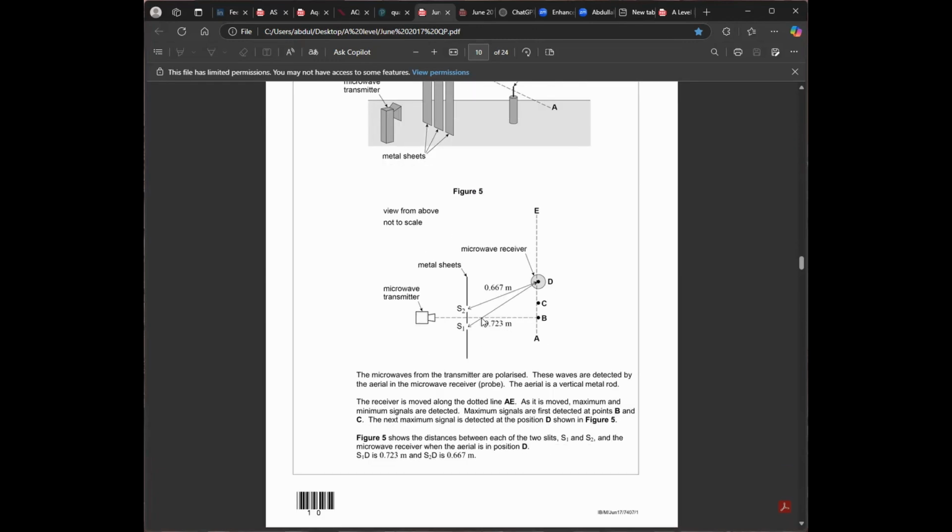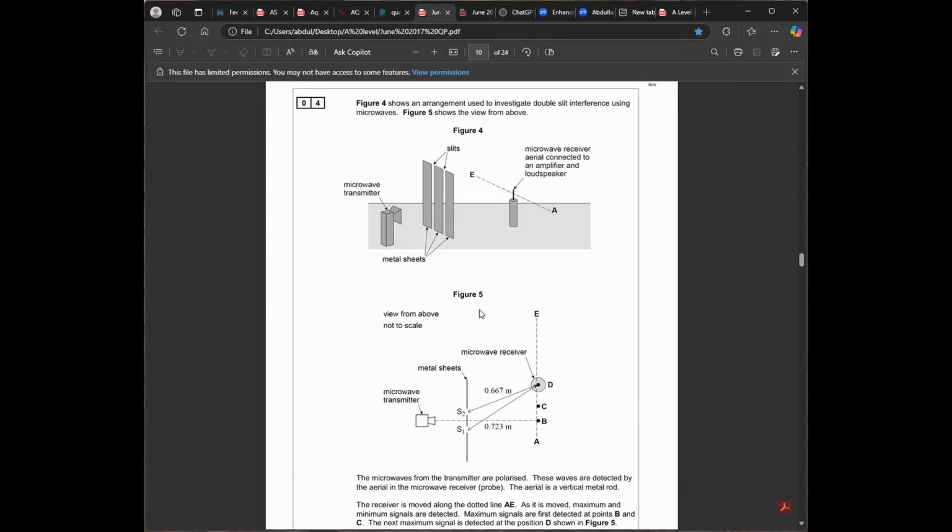The top view is shown here as well. Let's see what they say. The microwaves from the transmitter are polarized, so they are already polarized. These waves are detected by the aerial in the microwave receiver. The aerial is a vertical metal rod, as you can see.